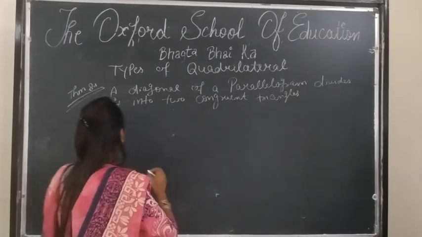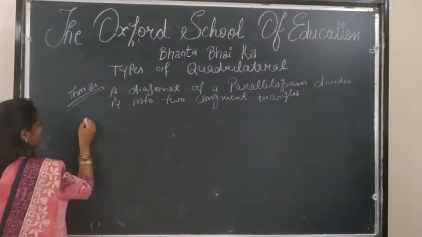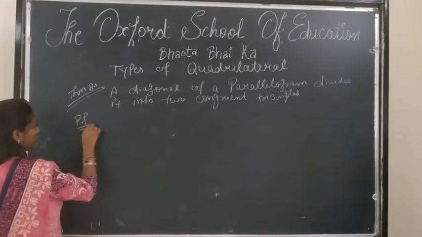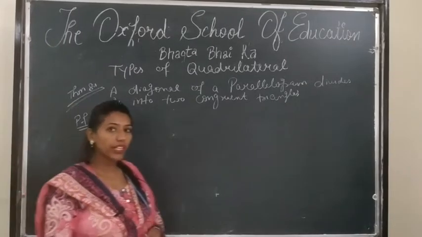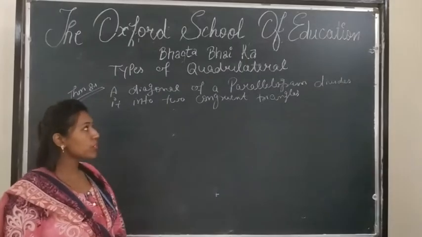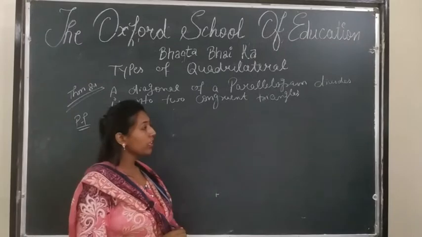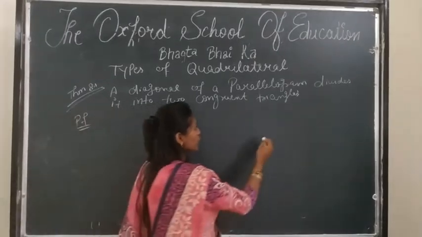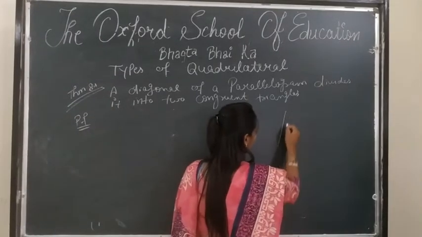So now you know what is a parallelogram. A parallelogram is a quadrilateral in which both pairs of opposite sides are parallel. So first of all, draw a parallelogram.